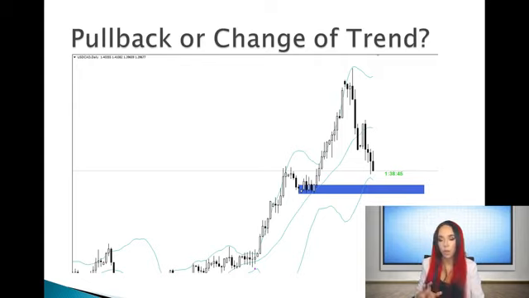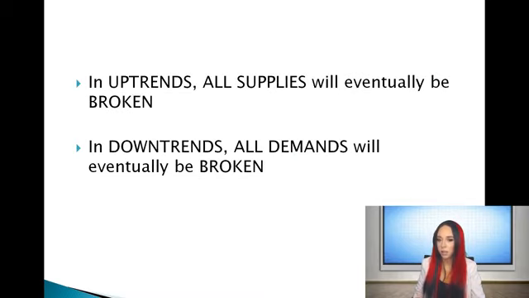But for now, here's a rule to watch out for when you're coming up against opposing zones. In uptrends, all supplies will eventually be broken. In downtrends, all demands will eventually be broken. So not only the significant ones, but all opposing zones will be taken out eventually.